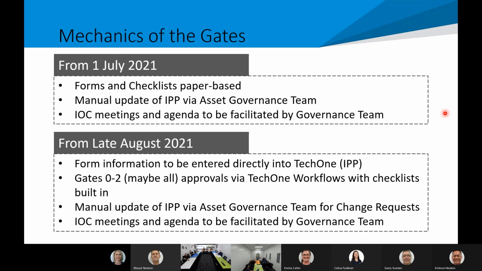You won't have to do a form and then a team has to enter it, so we don't have to double handle it. So that's what they're setting up. They're also setting up for gate 0 to 2, and I have some hope, I'm not sure, Sarah might shoot me for this, but there is some hope that for all gates, the approval side of it and those checklists will actually be done via workflows in Tech One. Yeah. So we'll eliminate that paper base.